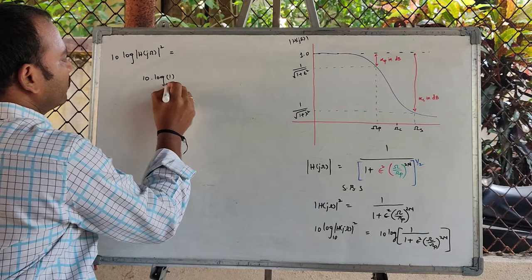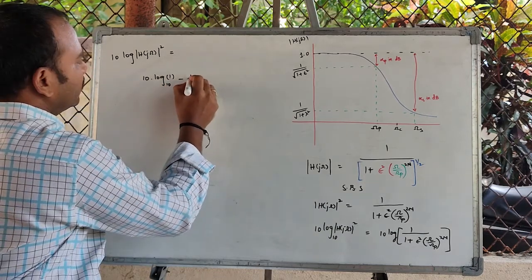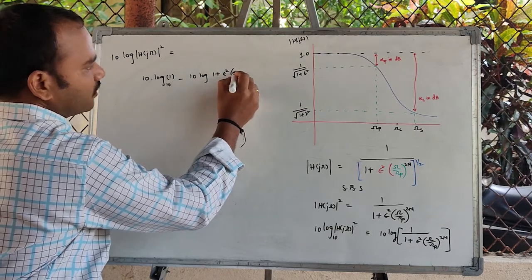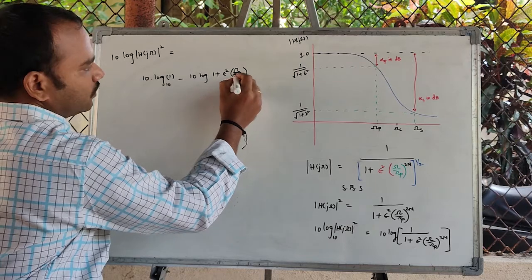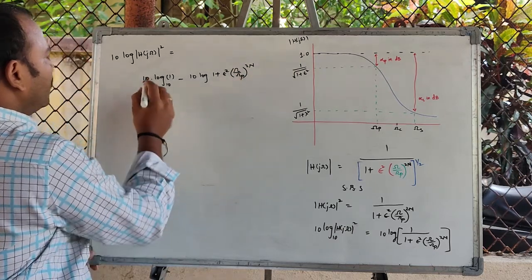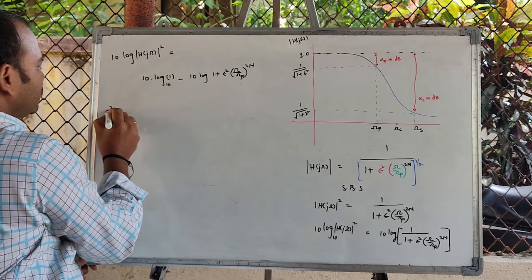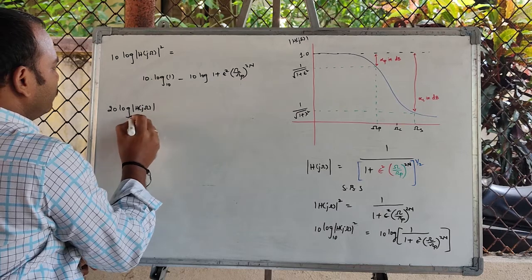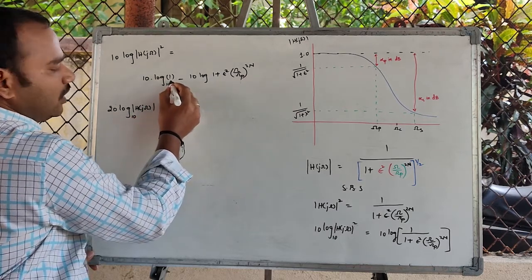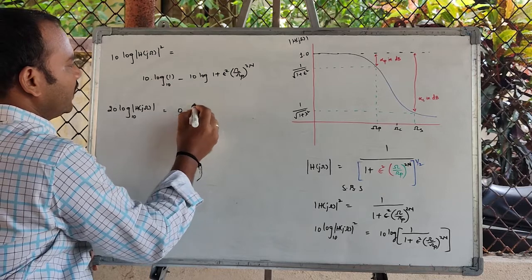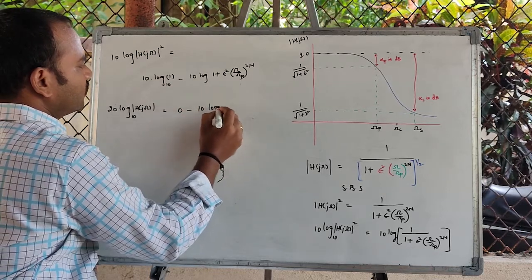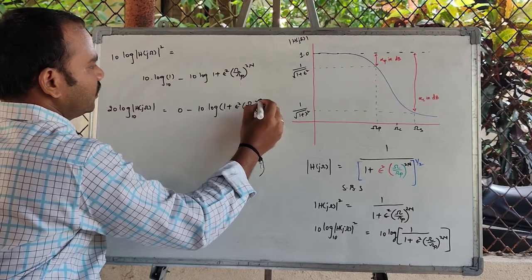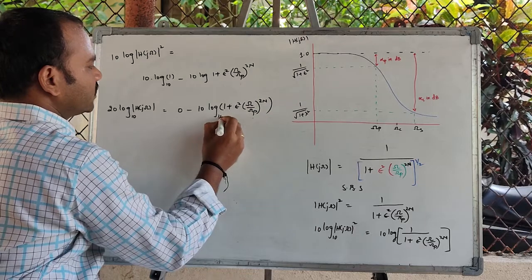So 10 log of 1 base 10 minus 10 log of 1 plus epsilon square (omega by omega p) to the power of 2n. Now if you bring the square this side, it is 20 log magnitude of H of j omega base 10 is equal to log 1 base 10 which is 0, minus 10 times log of 1 plus epsilon square (omega by omega p) to the power of 2n base 10.